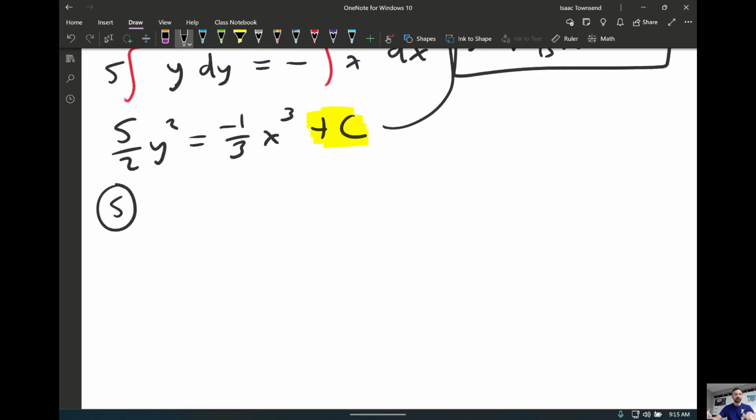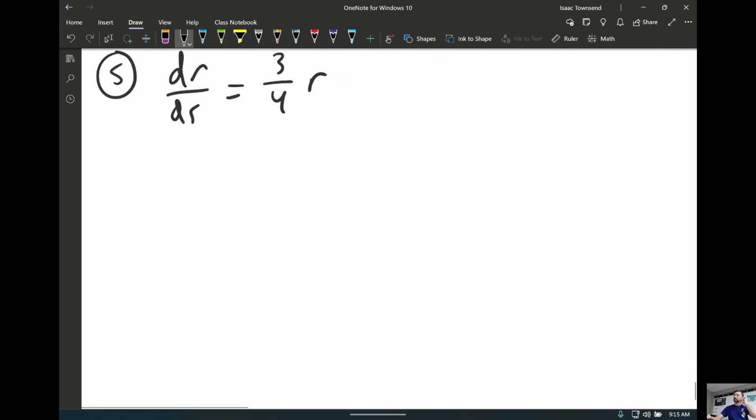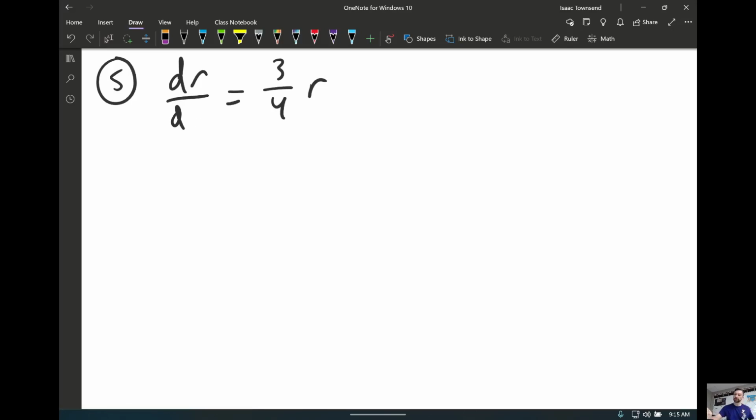Question 5 sort of looks like one that we did on the notes earlier with dr/ds. Since this is dr over ds, our goal in this question is going to be trying to solve for r. Now for this one, I'll ask that you go ahead and try the whole thing, just because it's a little bit smaller of a question. So take a moment and see where you get stuck or see where you end up going wrong.